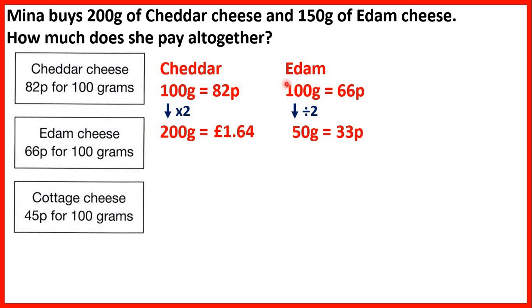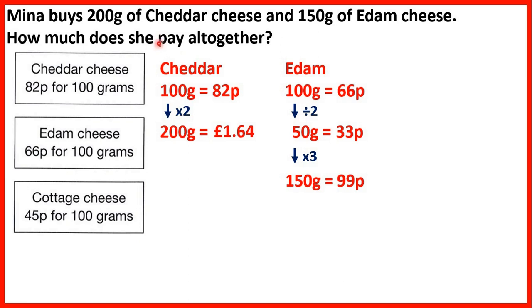So now to find 150 grams, we can either add up these totals, or we can multiply 50 grams by 3, because 50 times 3 is 150. 33 times 3 is 99, so she spends 99 pence on Edam cheese.